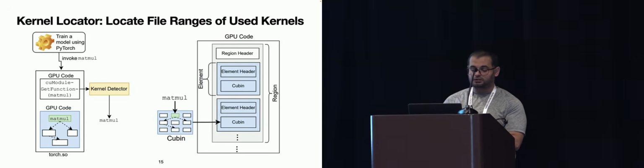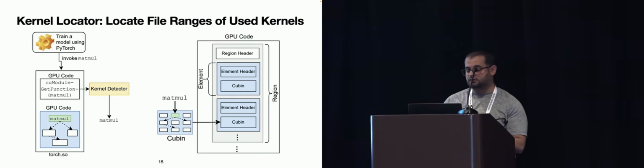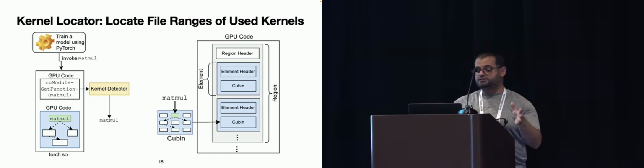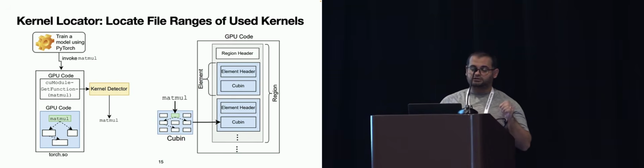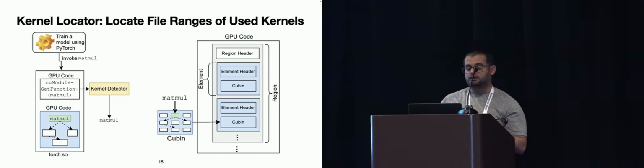The GPU code is organized as follows, as we can see in this figure on the left side. So basically, GPU code consists of a set of regions, and each region consists of a set of elements, and each element contains the cubin, basically the part that contains the GPU code, and the element header.